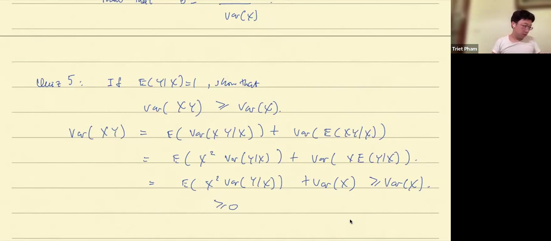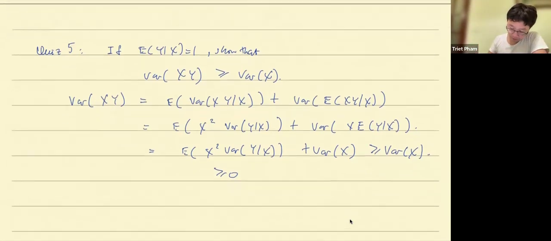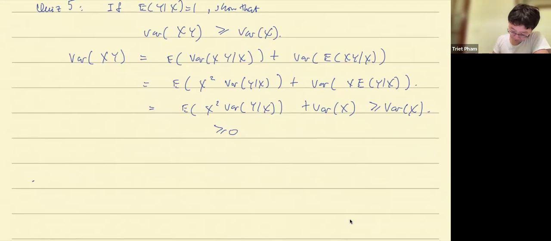So let's move to the last topic we want to discuss for this chapter, which is 3.5, computing probabilities by conditioning.